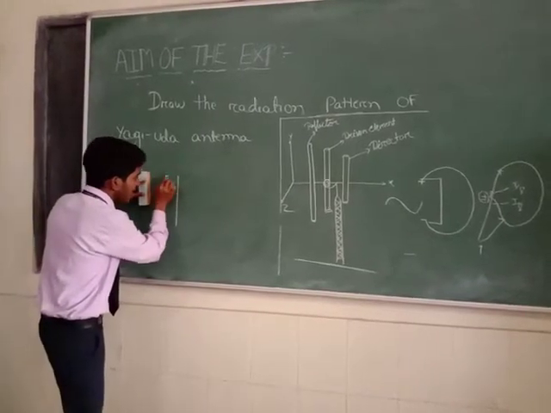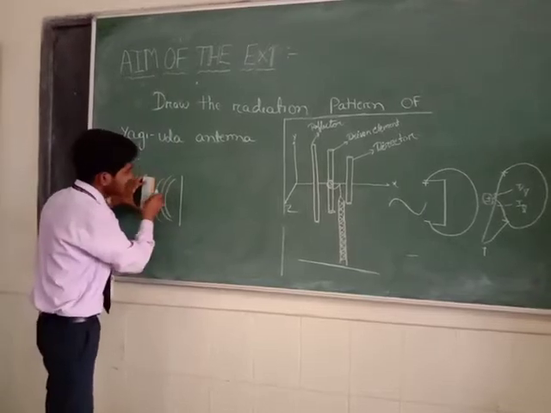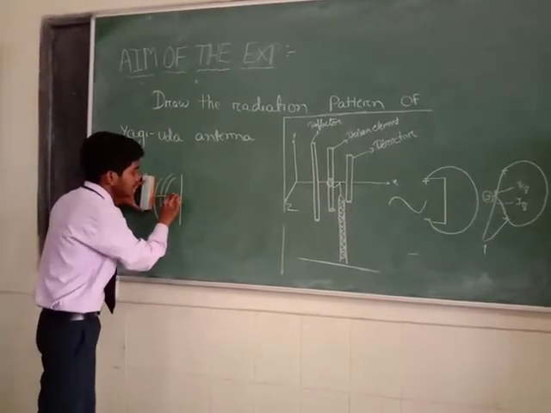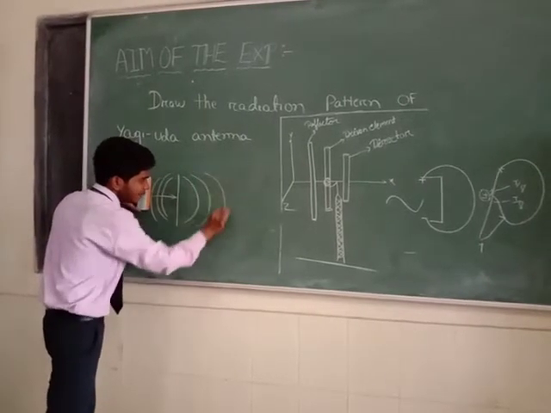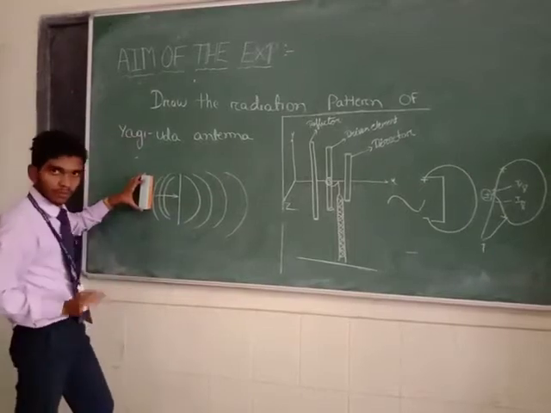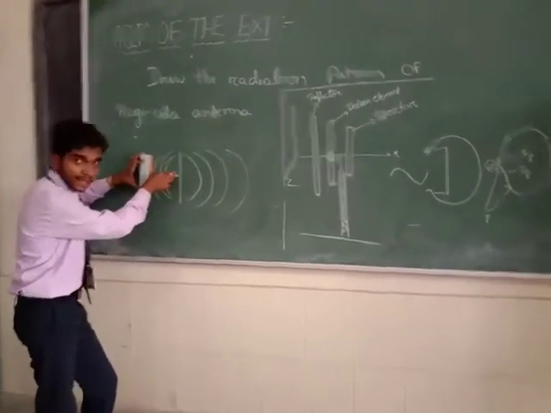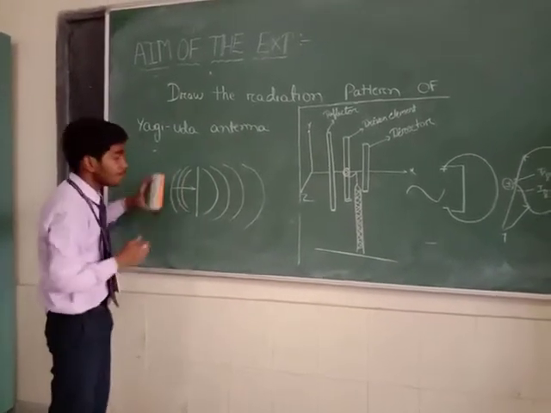Now I am giving the signal. After the reflector, it reflects and comes back in this direction. So it pushes this. So now the maximum signal transfers in this direction. But some amount of loss occurs in this direction, of the electromagnetic wave, because of the space.